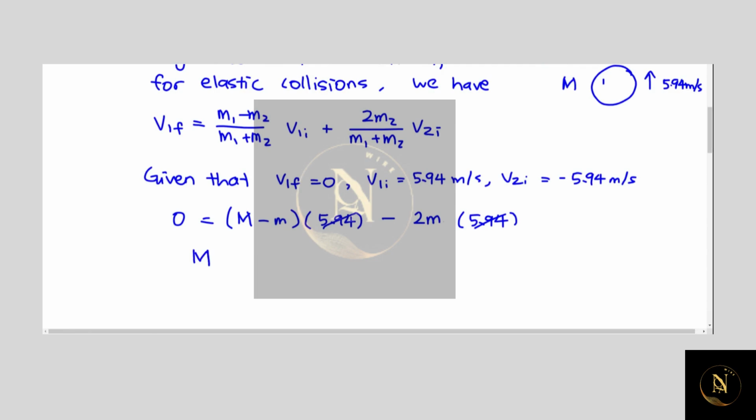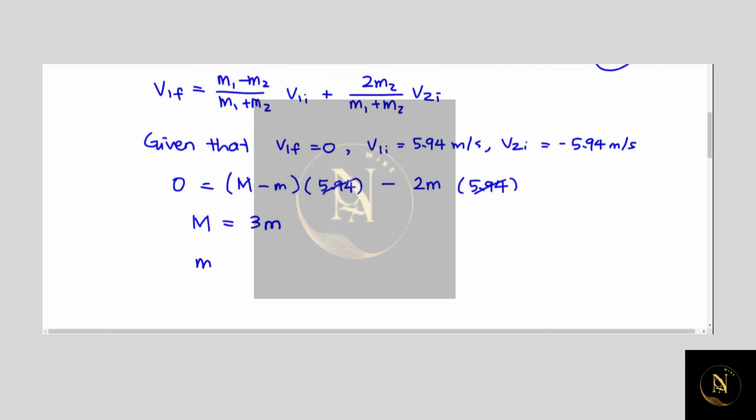Rearranging, we have big M equals 3m, or small m equals 1/3 of big M. Big M is 0.63 kg, so small m is 0.21 kg. This is the mass of the baseball so that the basketball would go to rest after the collision with the baseball.